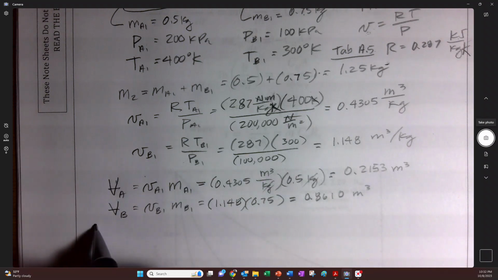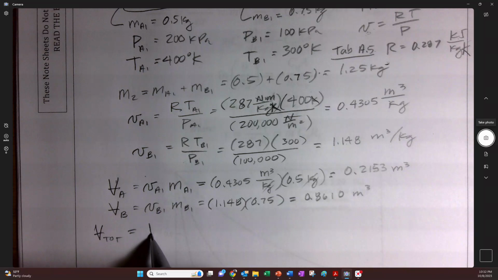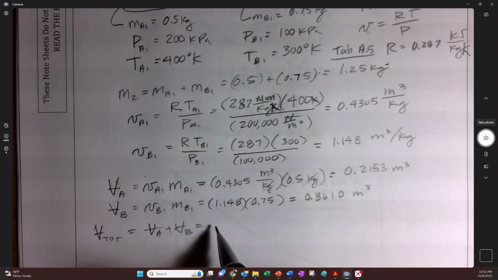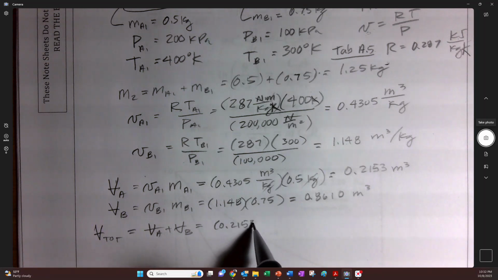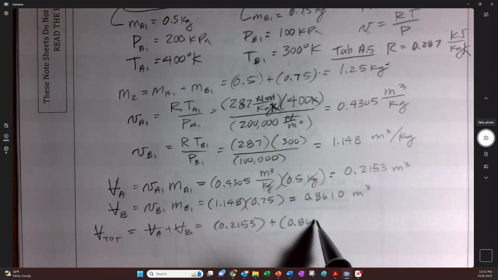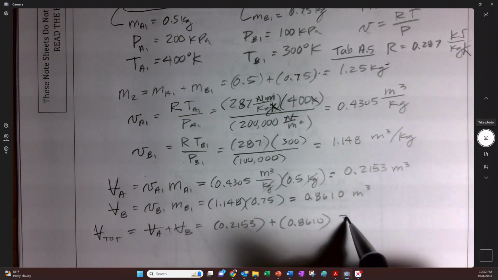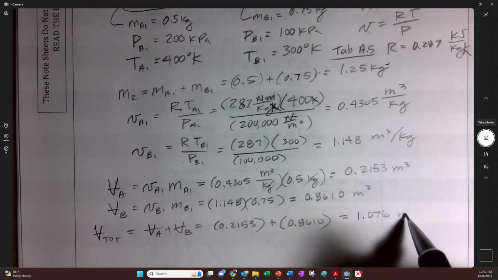We're going to go V total is going to be equal to VA plus VB, or 0.2153 plus 0.8610, and that's going to be equal to, is this right, 1.076 cubic meters.